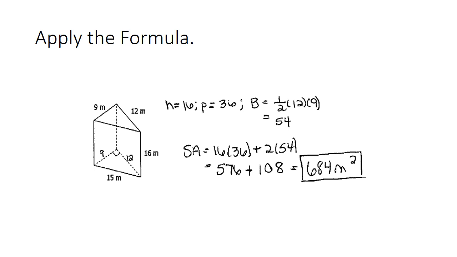So just to recap, my height is 16 on this shape. My perimeter is 36. And the area of that triangle, the base, is going to be 54. I'm going to plug those numbers in. My height, 16 times my perimeter, 36, plus 2 times 54. I get 576 plus 108 for a total of 684 meters squared.